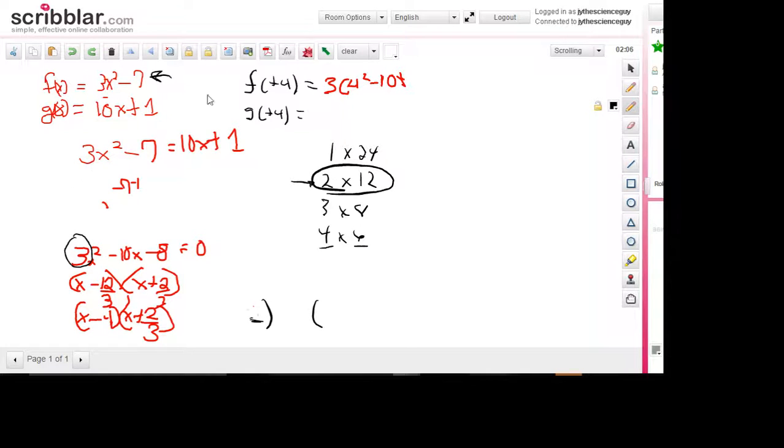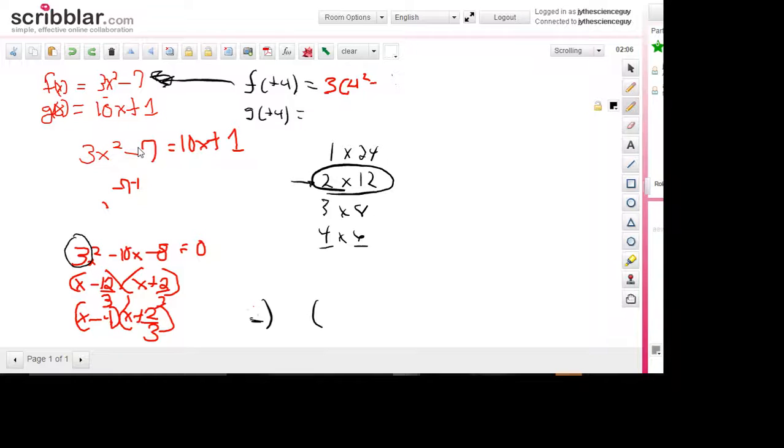No. We're just going directly back to the original equations that we had. Minus 7. Wow, I need to practice on this more.